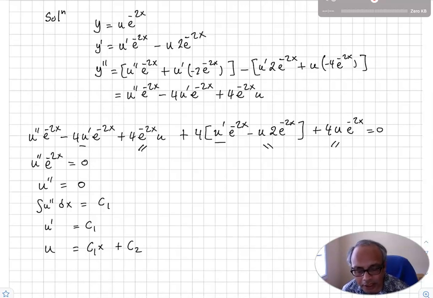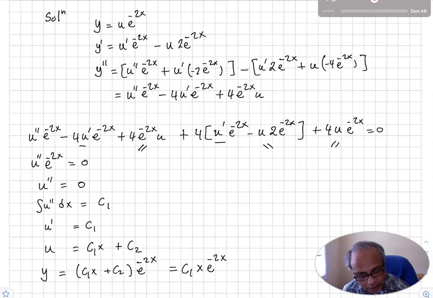Now you go back and replace u, so u is c1x plus c2 times e to the power minus 2x, which is c1 x e to the power minus 2x plus c2 e to the power minus 2x.